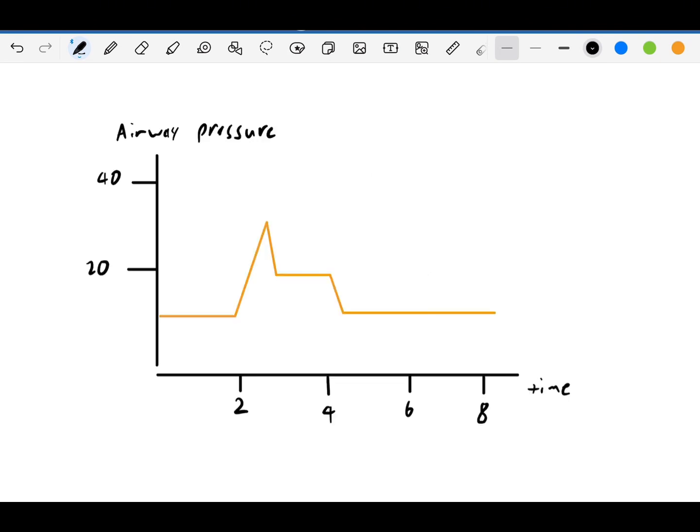Now that we have a better understanding of what normal looks like in the example of a breath hold, let's discuss some of the pathology that you may see in the ICU or the emergency department. First, we know that this is your plateau.